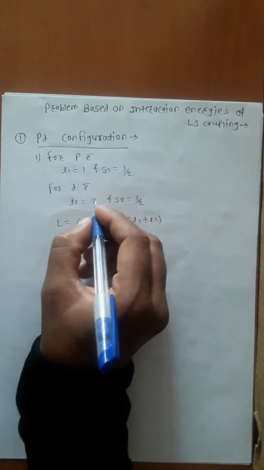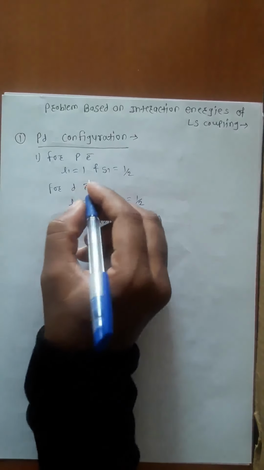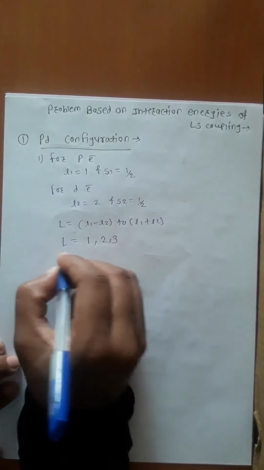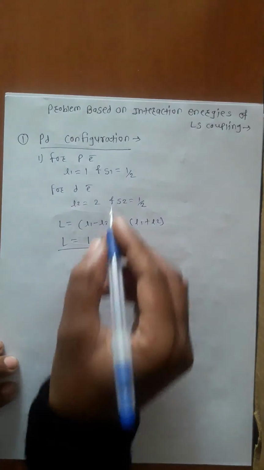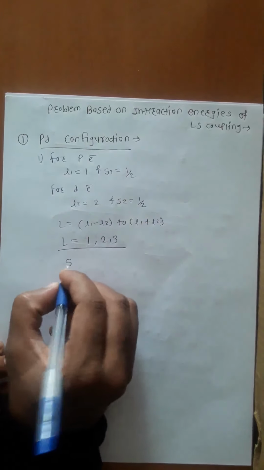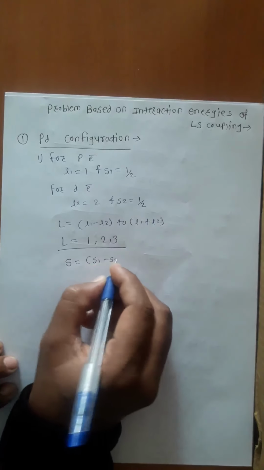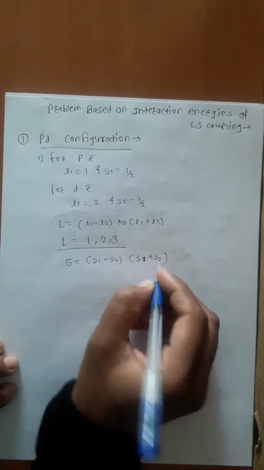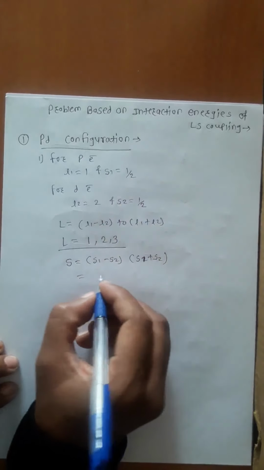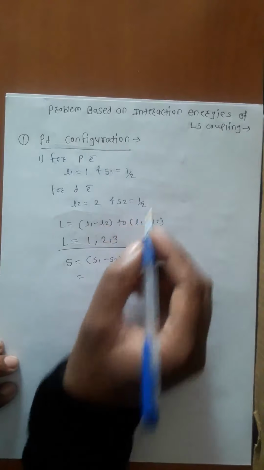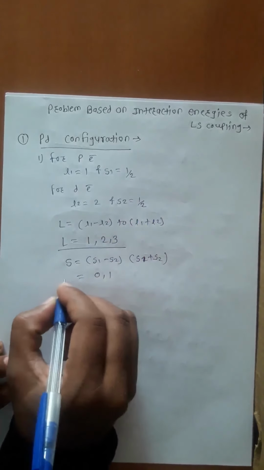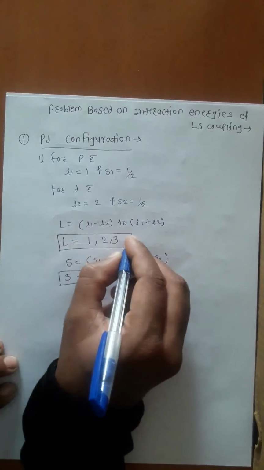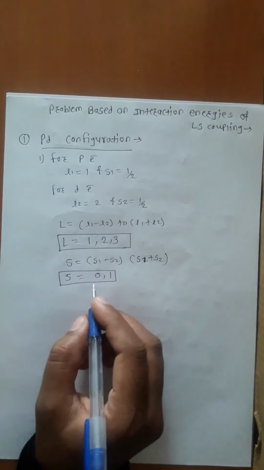Therefore L is 2 minus 1, 1, and 2 plus 1, 3. Therefore the value of L is 1, 2 and 3. Now the value of S is from S1 minus S2 to S1 plus S2, which is 1 half plus 1 half, 1, and 1 half minus 1 half, 0. So S is 0 and 1. Therefore there are 3 L values and 2 S values.